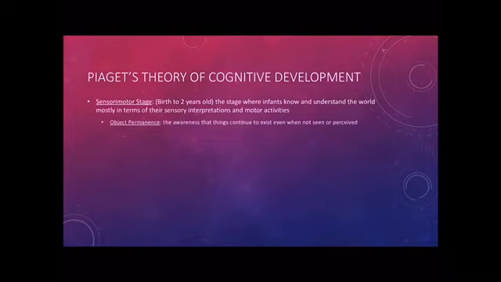And so object permanence is eventually reaching the understanding that even when you don't see something right in front of you, that thing hasn't stopped existing. So it's the awareness that things still do exist even if you can't see them, even if it's not within your lens to see that thing at this moment. That doesn't mean that it just evaporated into thin air.